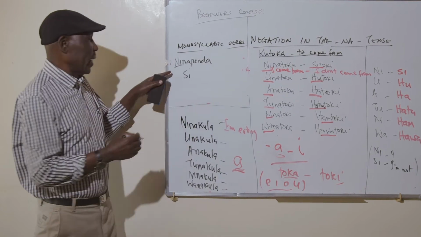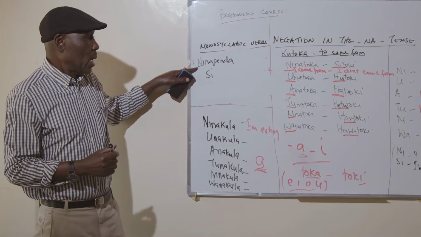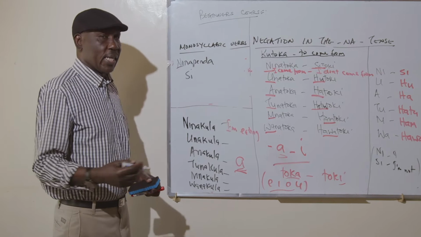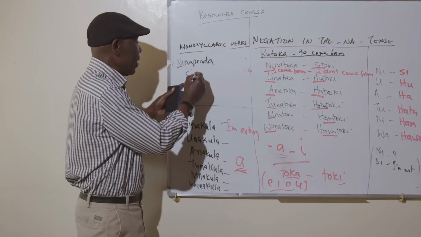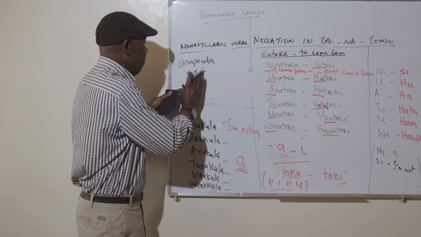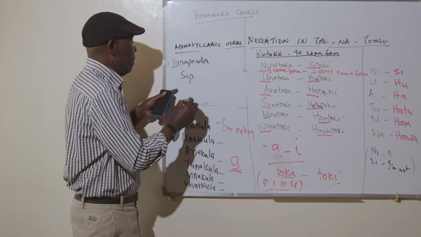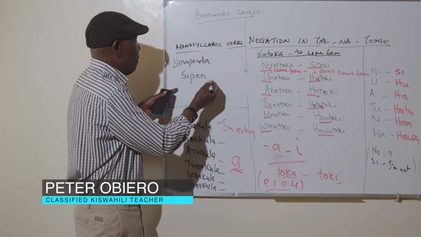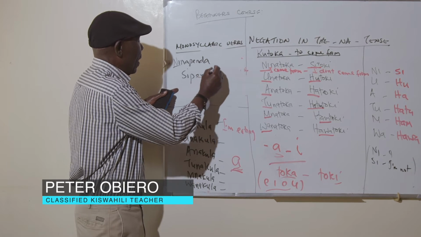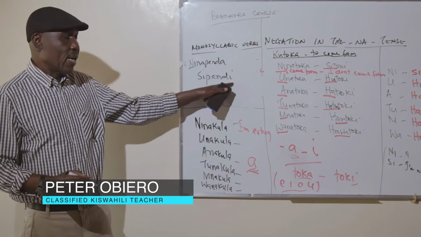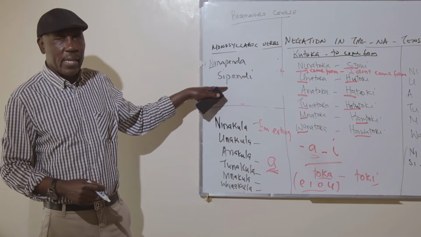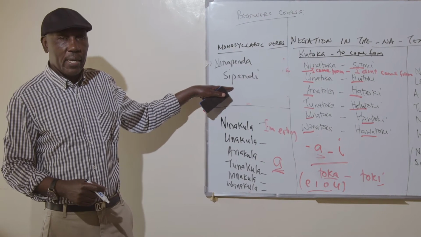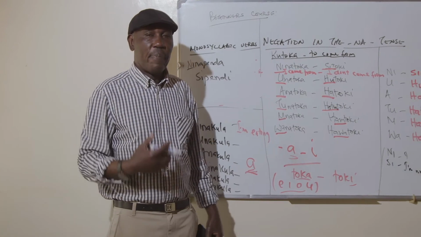You negate the prefix first. But again, something very important to note is that the tense drops, then you bring the verb penda, and the suffix a changes to i. So it becomes sipendi.